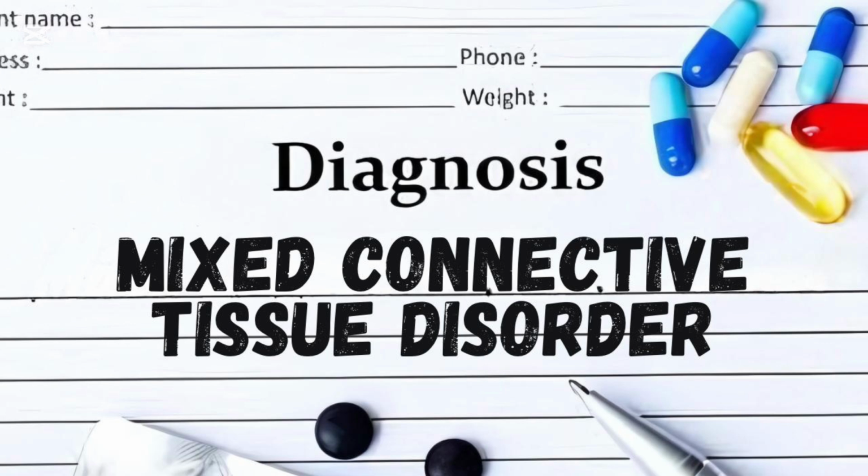Management in such cases, we have to adjust the treatment to the predominant features the patient is having, and how severe the disease is. So generally, we will educate the patient about the disease. We will counsel about the disease and the treatment plan we will give.